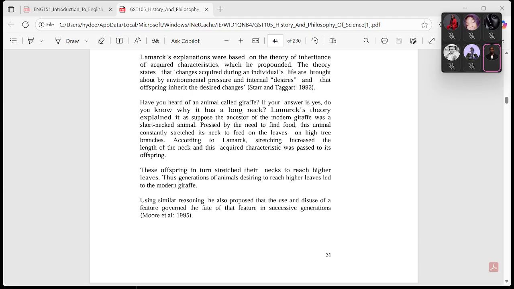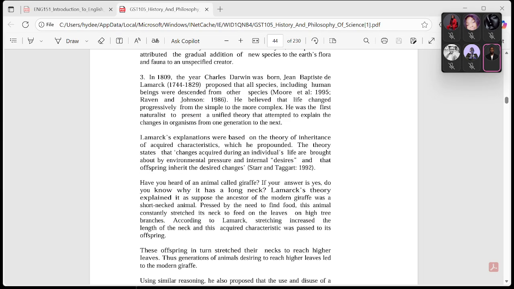Okay, so George Louis Comte de Buffon's observations. Then we have James Hutton's hypothesis of gradualism. What this means is it is suggesting that sedimentary rocks formed slowly, implying the Earth was millions of years old, not thousands.